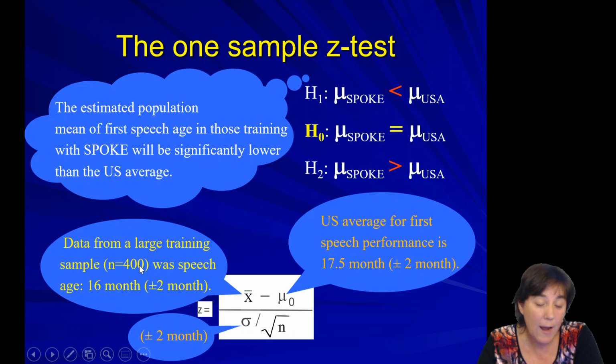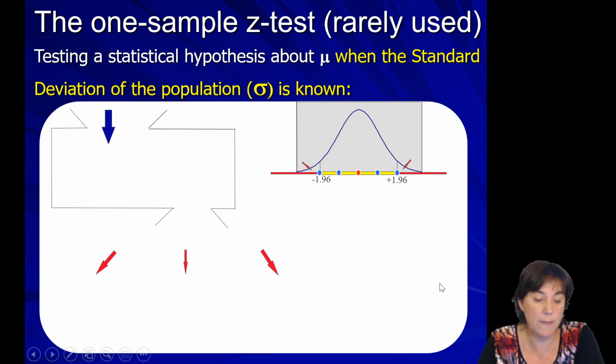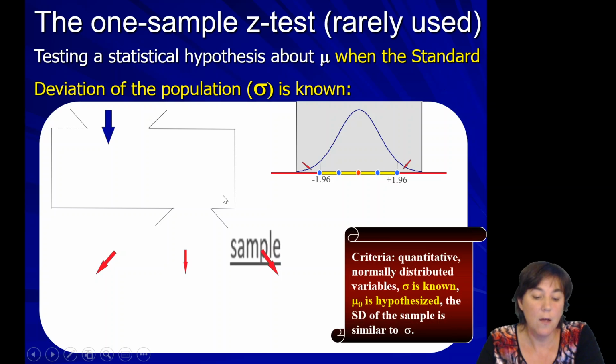And the 400 children that we actually tested goes down here under the square root. So, taking all this, we can perform the one sample test, where we always have some criteria.